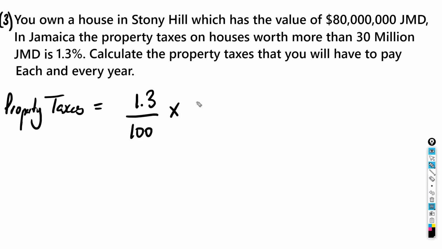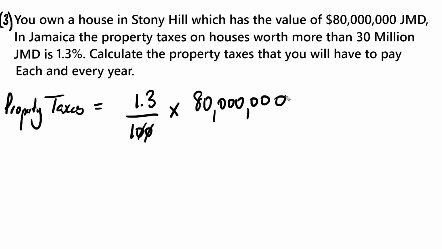Multiplied by the $80 million for the house, right? All right, so these two zeros cancel, and we're gonna put 800,000 in the calculator multiplied by 1.3. All right, and the answer is actually 1,040,000.